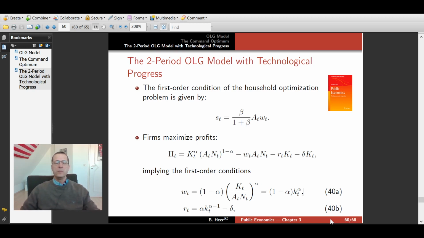So we assume here, of course, in the derivation of equation 40 that we have competitive goods and factor markets. And also, therefore, the Euler theorem holds that total production is paid out in the form of wage and interest income. So profits are zero in equilibrium in our model.